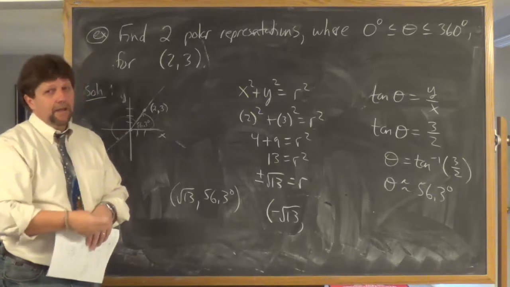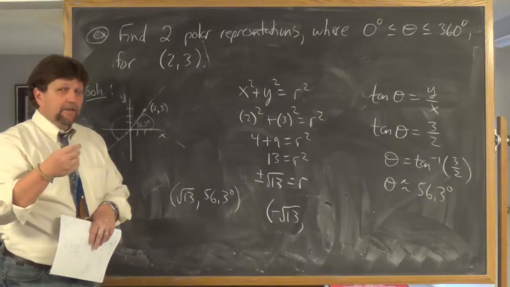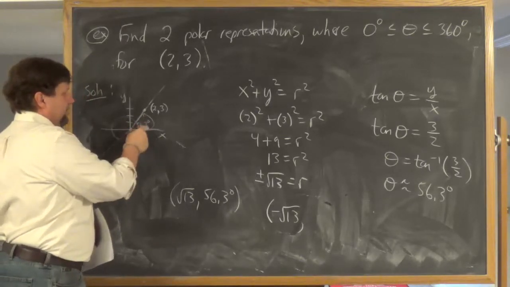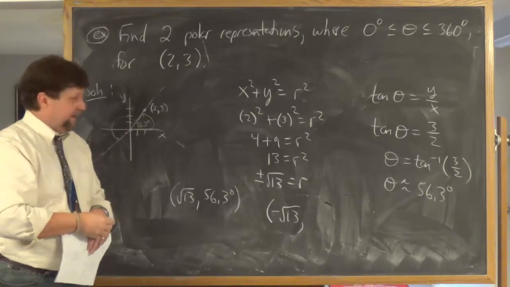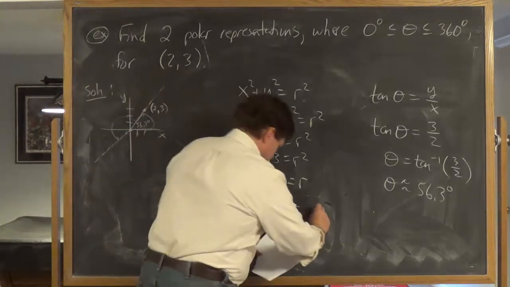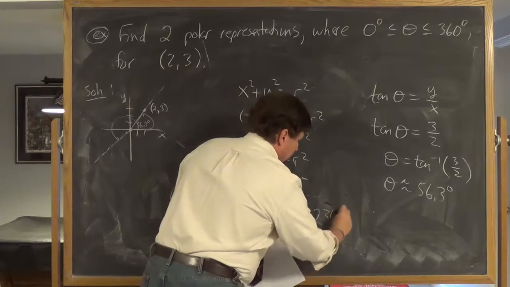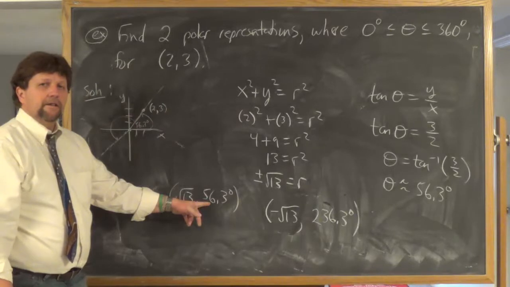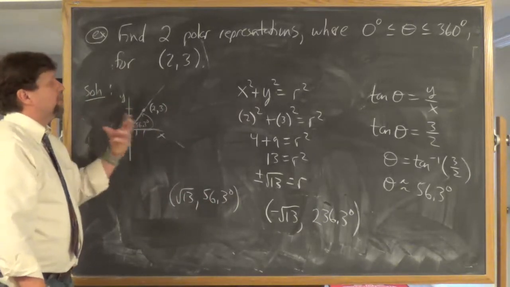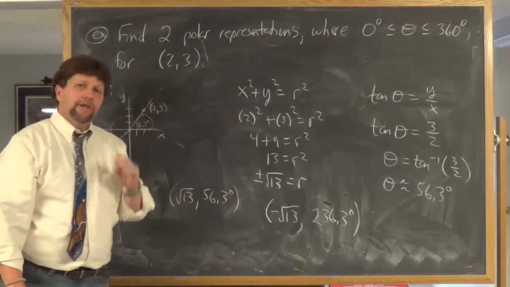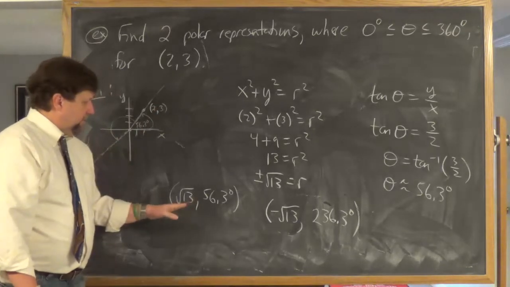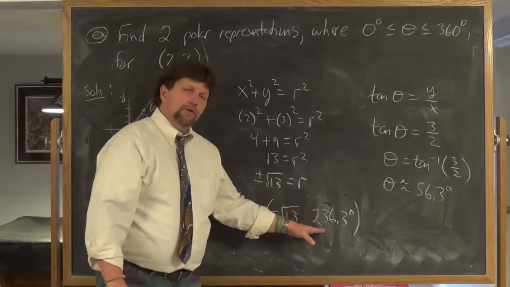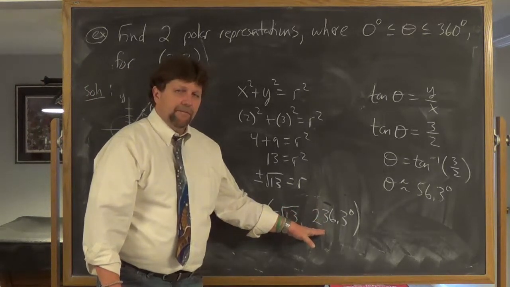Remember, a straight angle is 180 degrees. So all I have to do is add 180 degrees to 56.3 degrees, and that gives me 236.3 degrees. So I have now come up with two polar representations for the rectangular point 2, 3: square root 13, 56.3 degrees, and negative square root 13, 236.3 degrees.